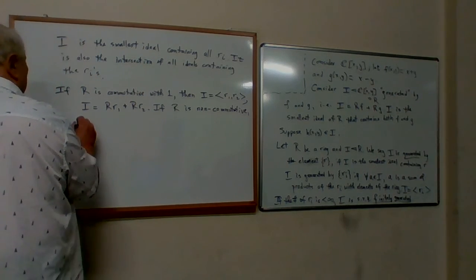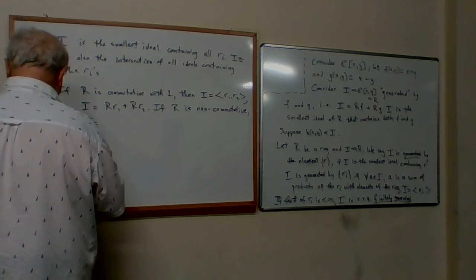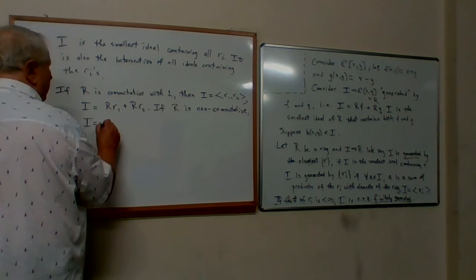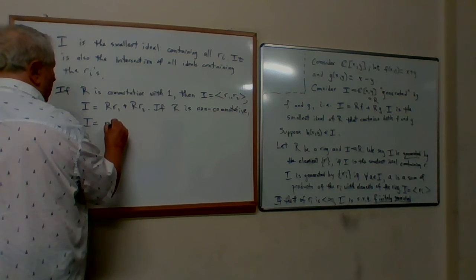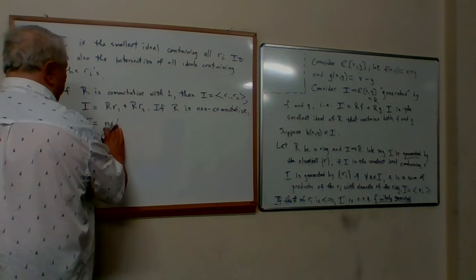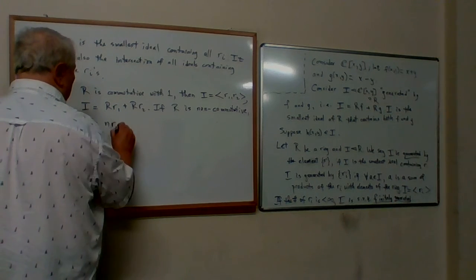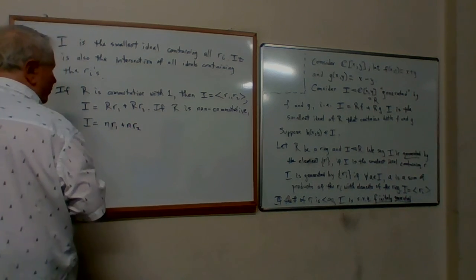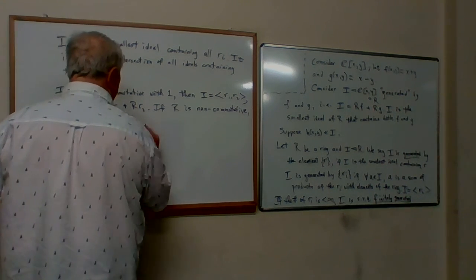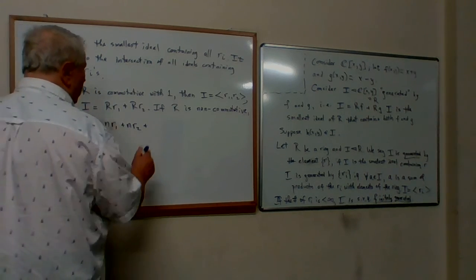Then what does I have to look like? Well, first of all, I need all the multiples of r1, all the sums of r1 with itself, all the sums of r2 with itself, and then I need these times elements of R in any order.